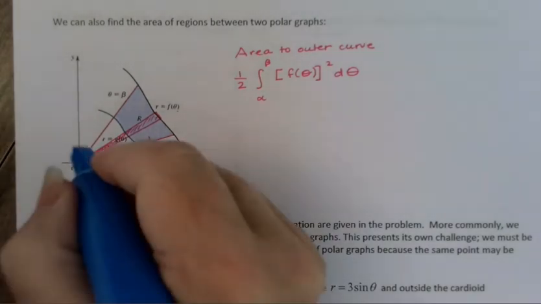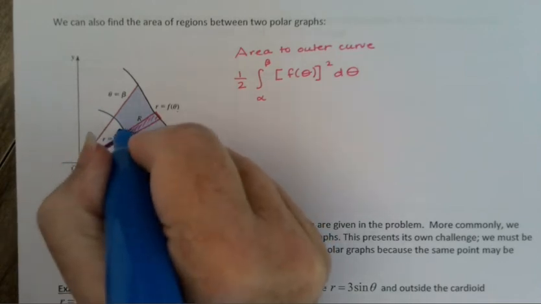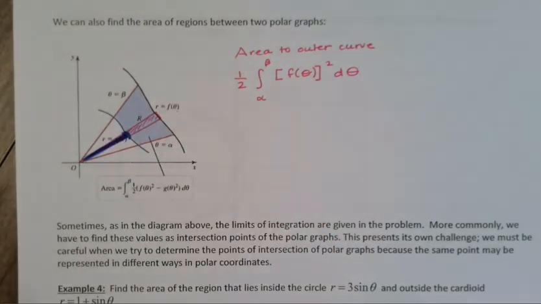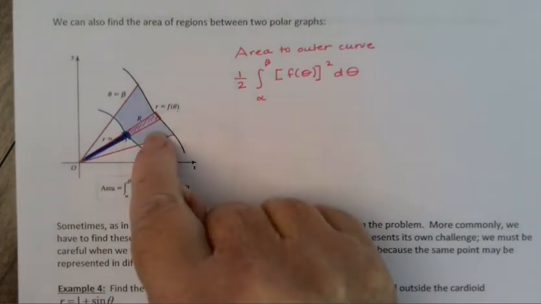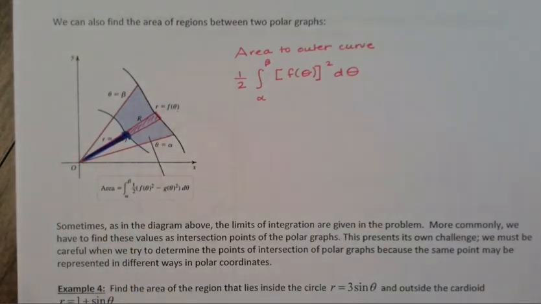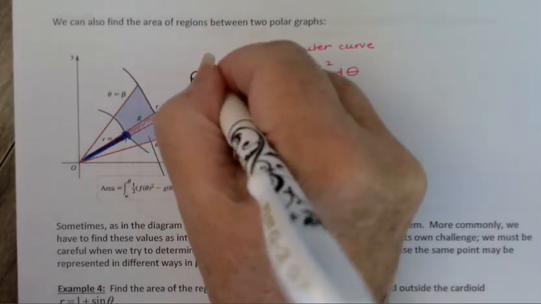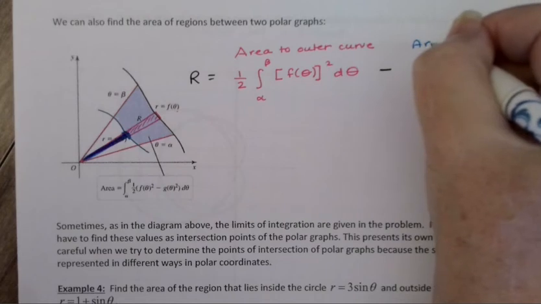So think about another sector in here that only goes as far as the inner curve. If I subtract off that area, I'll be left with the area that I want. It's labeled R in our diagram, so I'll just say R equals. So I'm going to subtract the area to the inner curve.